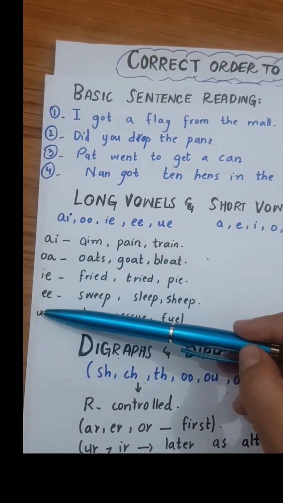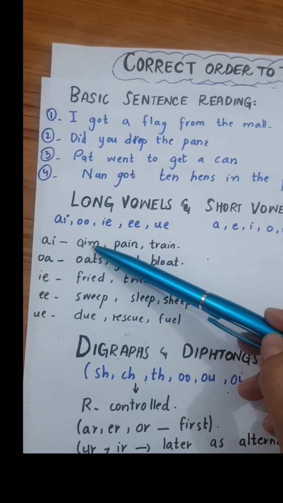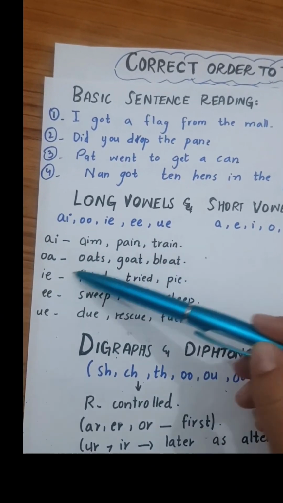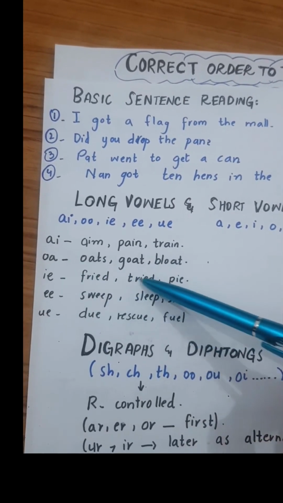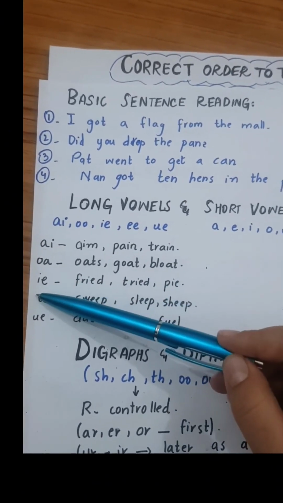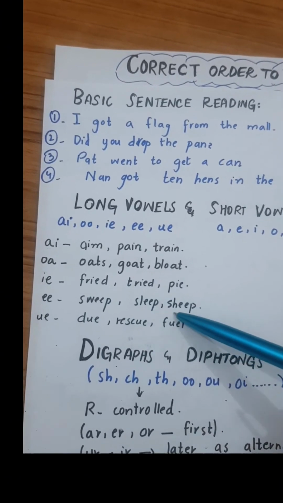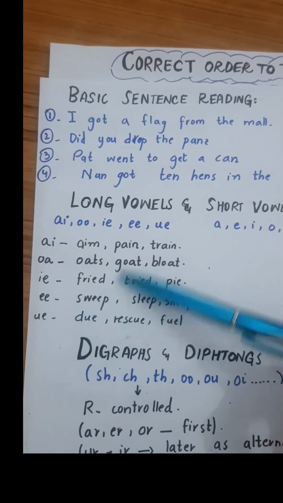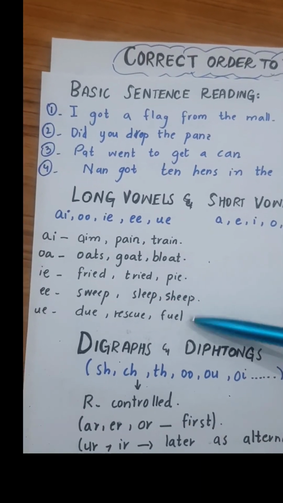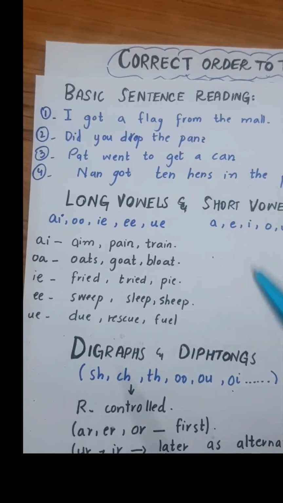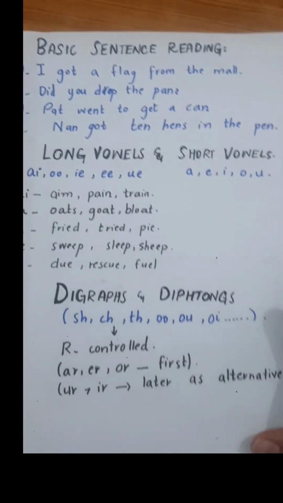Examples of long vowels: A means aim, pain, train. O: oats, goat, plot. I: fried, tried, pie. E: sweep, sleep, ship. U: due, skew, rescue, and few. So these are the combination of the long and short vowel words.